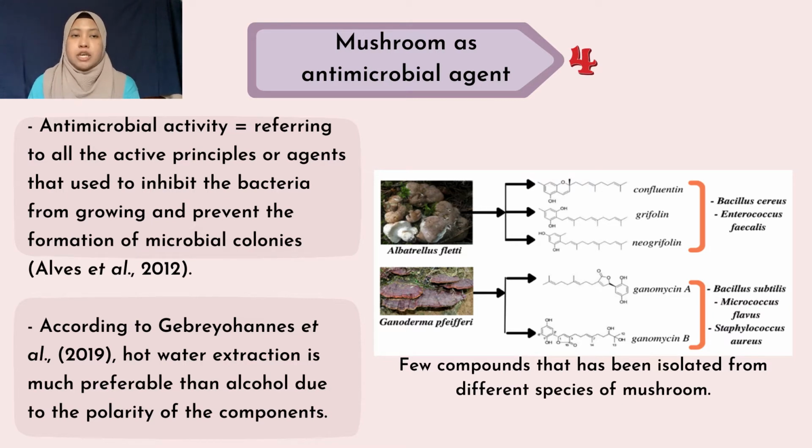These compounds showed antimicrobial activity against Bacillus subtilis, Micrococcus flavus, and Staphylococcus aureus. From there, we know that antimicrobial activity refers to all the active principles or agents that are used to inhibit bacteria from growing and prevent the formation of microbial colonies. Hot water extraction is also more preferable than alcohol due to the polarity of the components.